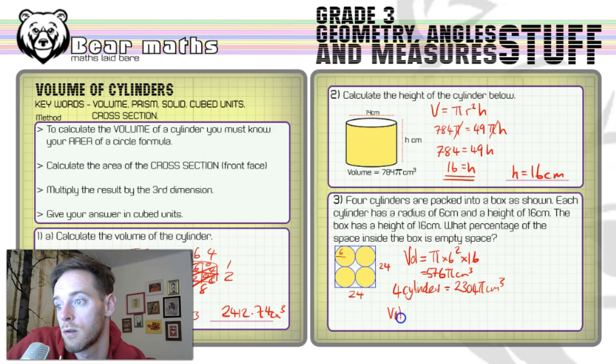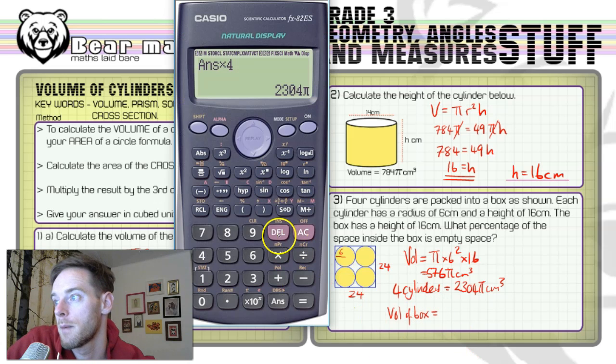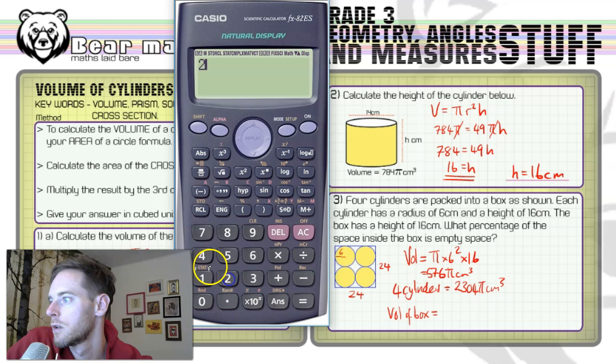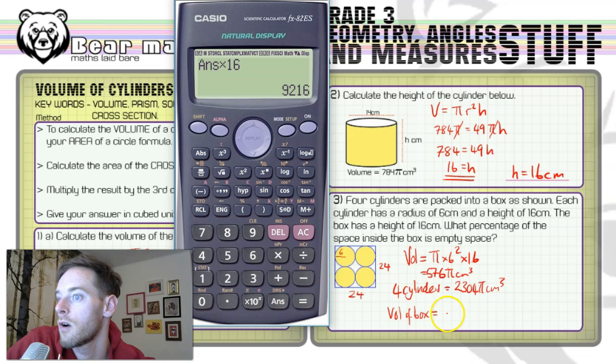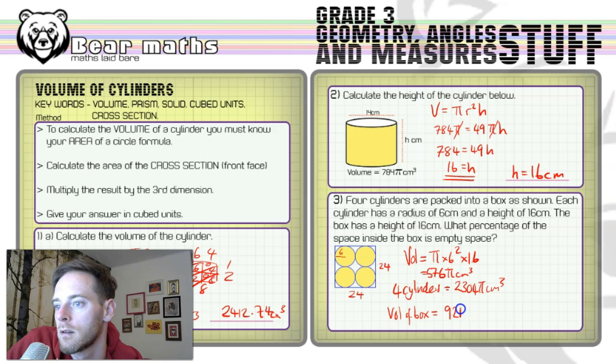So the volume of the box equals, well, that's 24 and that's 24, so we're going to do 24 squared for the base. So 24 squared equals 576, and then multiply it by 16 because that's the height of the box. So that's 9,216 centimeters cubed.